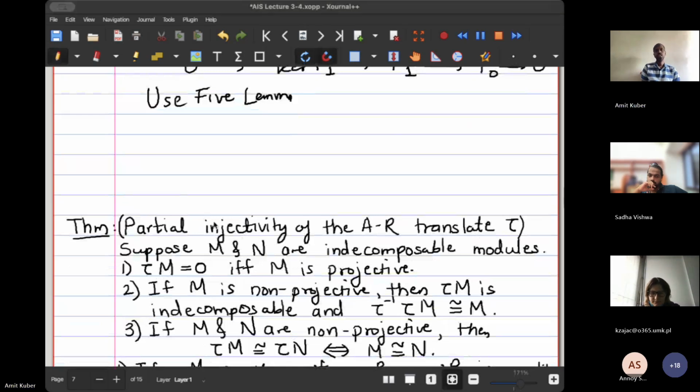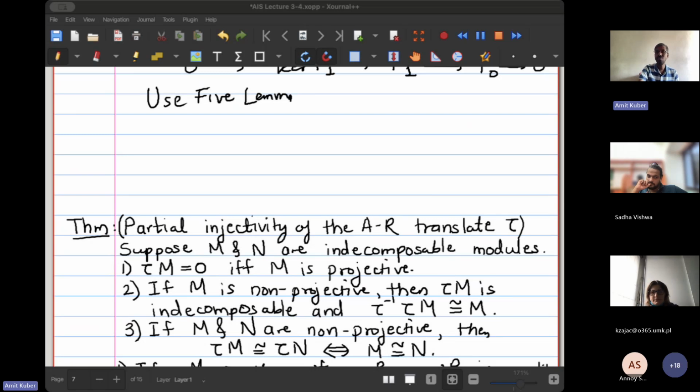Yeah. So tau, the Auslander-Reiten translate, is not always injective. However, it's injective up to a certain extent. So let us start with two indecomposable modules M and N. In fact, tau M is 0 if and only if M is projective.